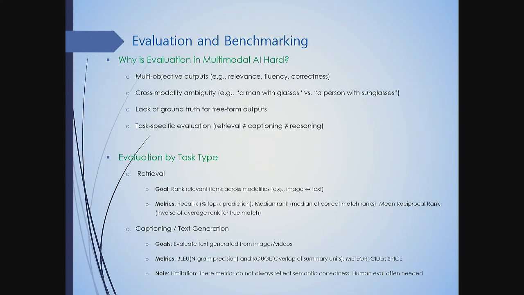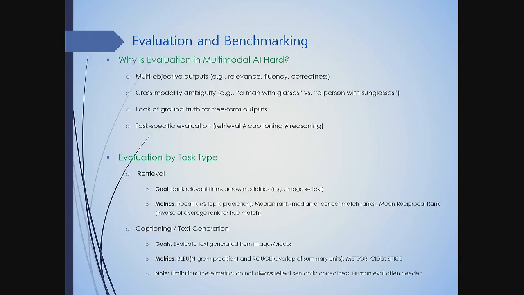These represent the same thing, whether a man, a woman, or a person: a human with glasses. So there can be ambiguity, and you don't really get an exact prediction, even in text. And sometimes there is a lack of ground truth from the output also.